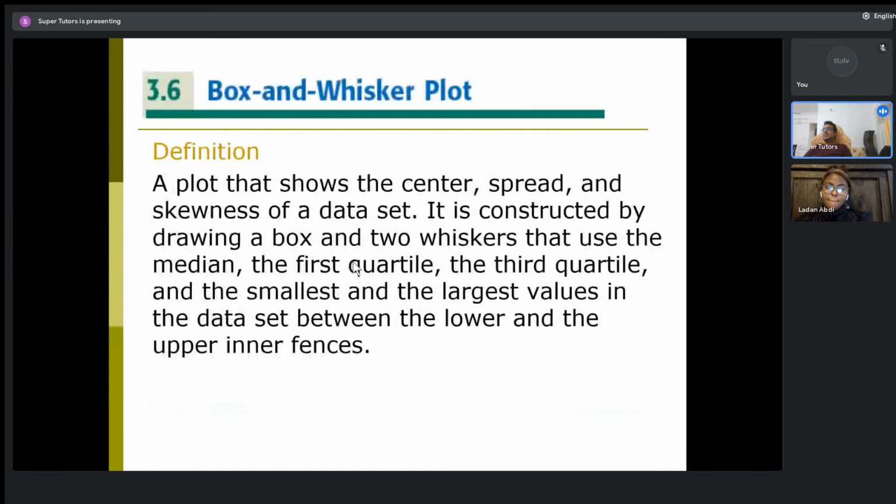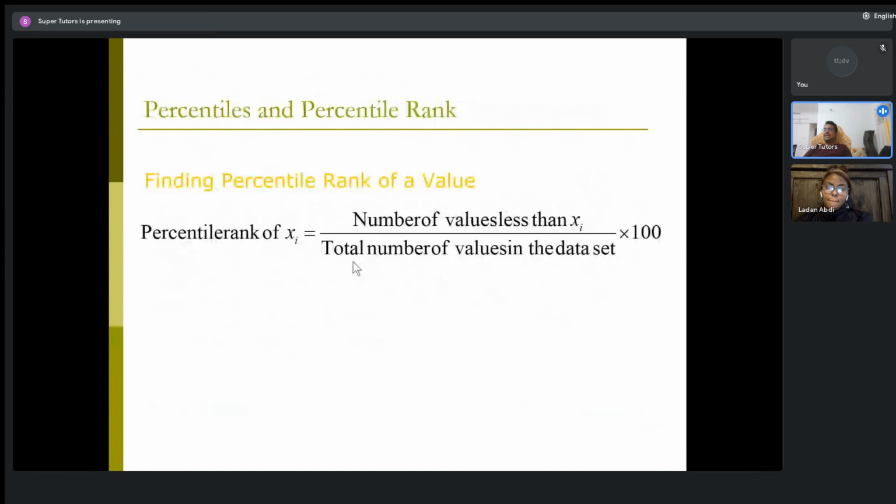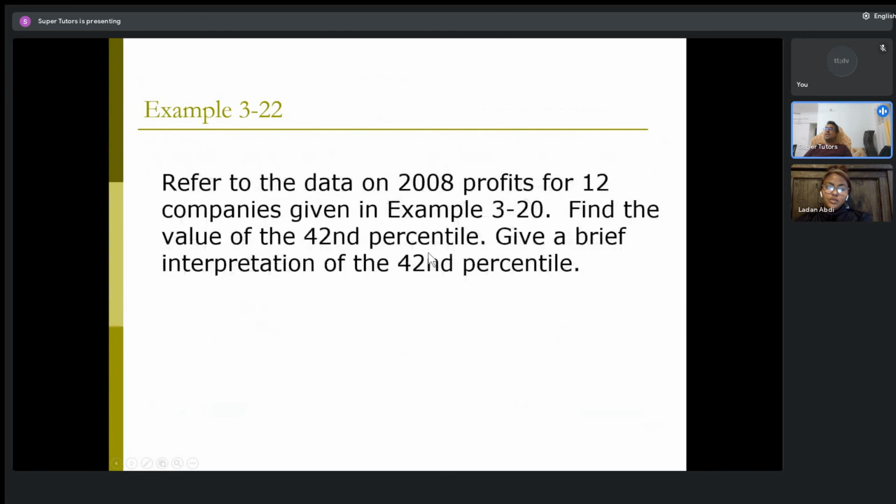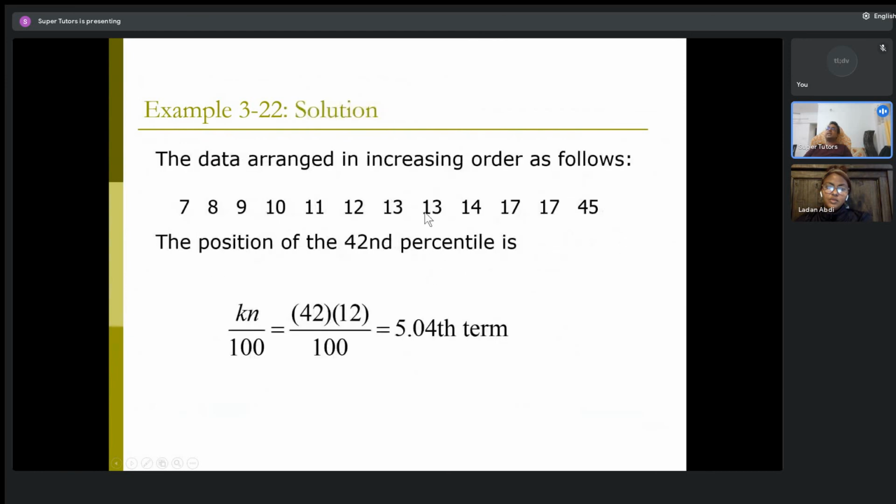And then we have something called percentile rank. Percentile rank of x is nothing but number of values less than x upon total number of values in the dataset times 100. So find the rank of $14 billion. How many values do you see less than 14?